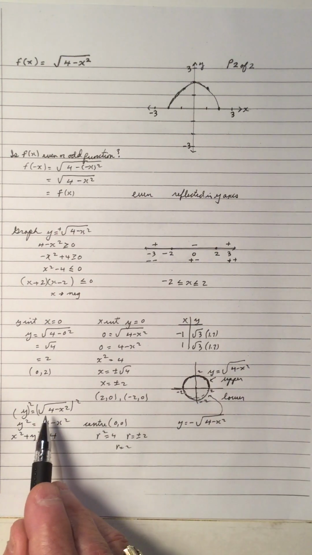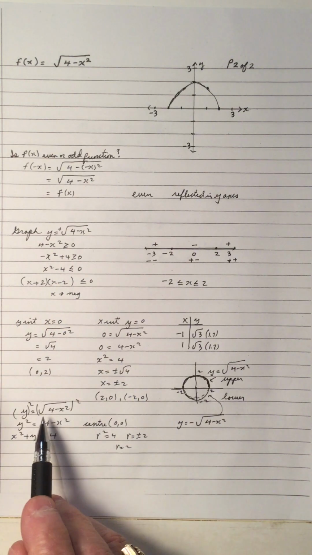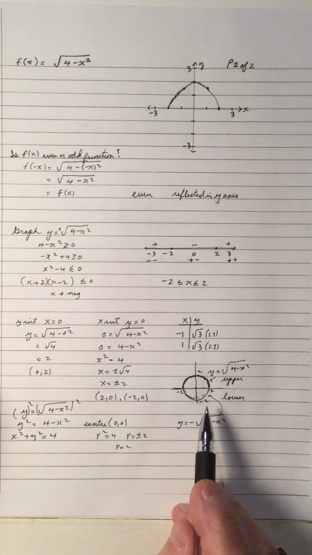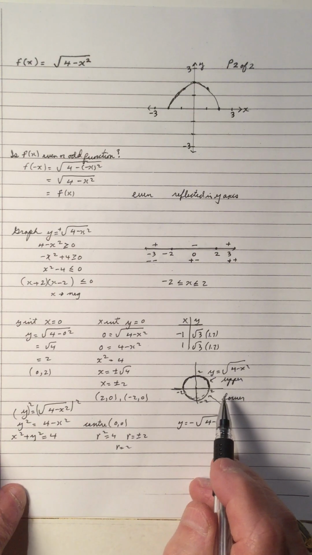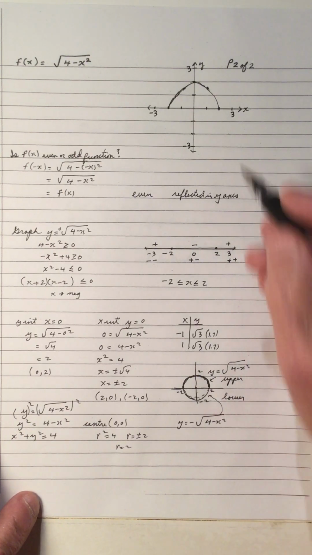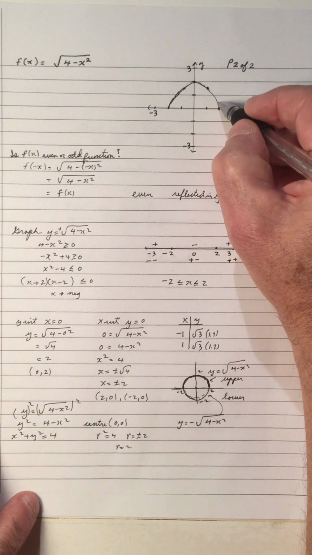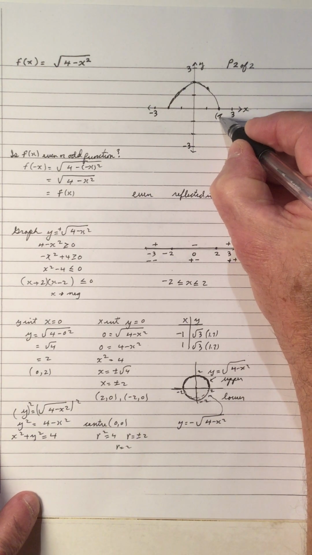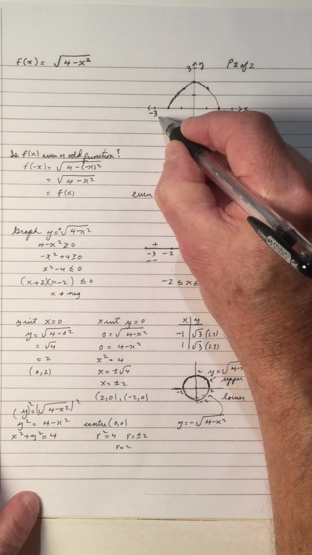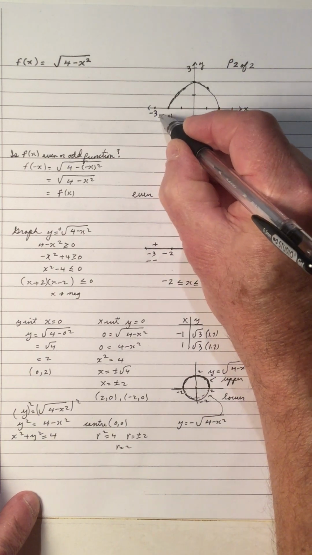So a little trick of taking this equation and squaring it tells you where it came from. And we're going to use that in the next video also as a little trick. So what we have is an even function. Notice that it's reflected. Notice that this point here is 2, 0. So this is negative 2, 0.